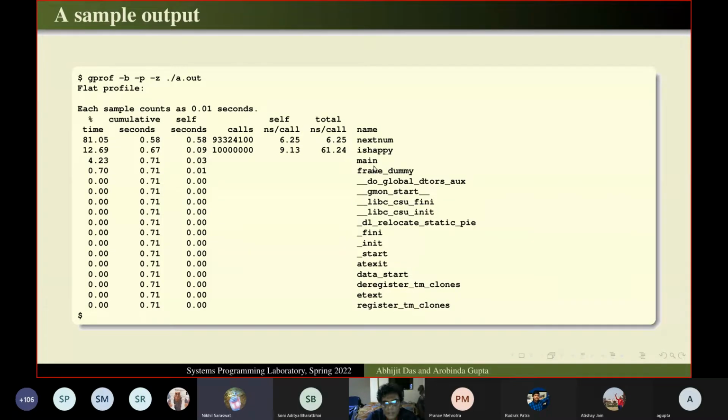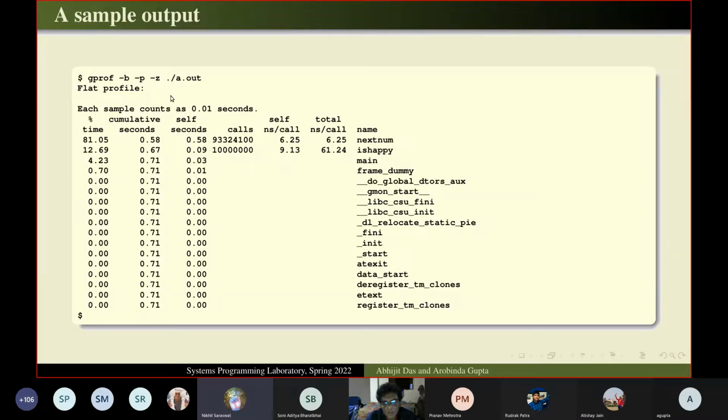So you can actually ignore these, but be prepared to see some such unknown functions. That's the reason I have run the profiler with the -z option.